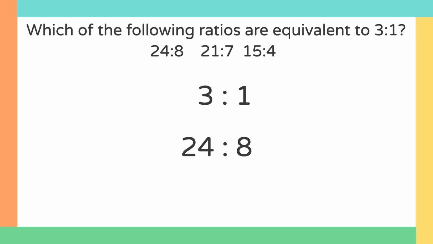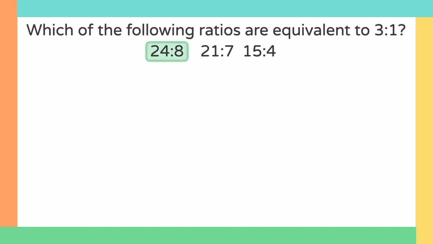So let's check if we can multiply both parts of 3 to 1 by the same number to get 24 to 8. 3 times what number equals 24? 8. And 1 times what number equals 8? Also 8. Since we can multiply both parts of the first ratio by the same number to get the second ratio, these ratios are equivalent.